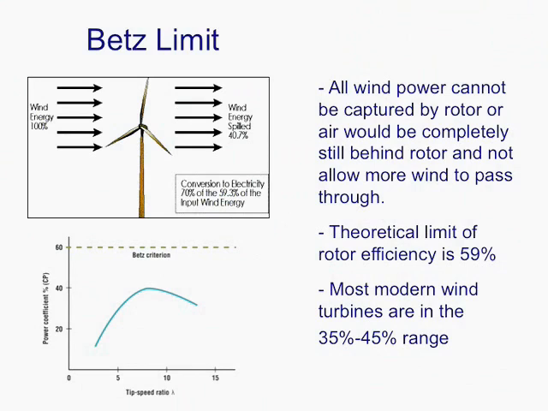So no matter how well the turbine and the blades are designed, at least 40% of the energy of the wind is going to pass through. You can't capture 60%. So you're going to be capturing less than 60%. That's a theoretical limit. And modern wind turbines typically get somewhere between 35 and 45% of the energy passing through them.